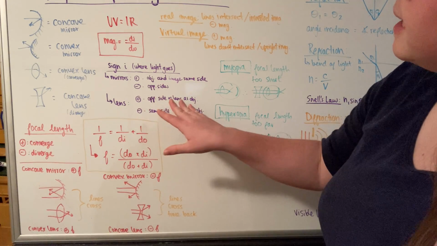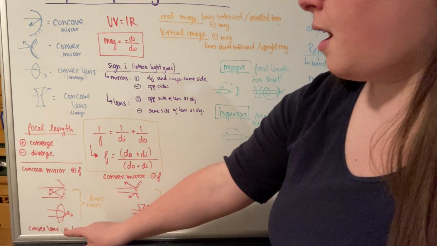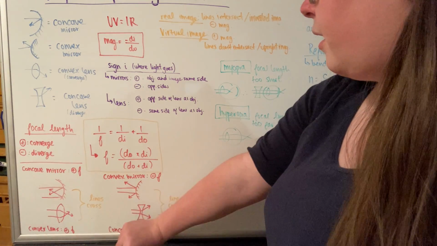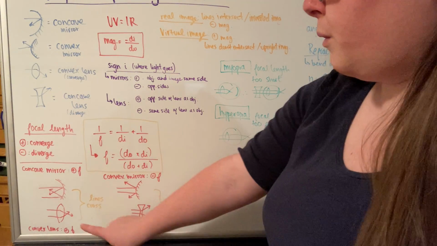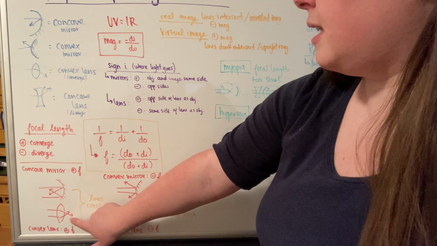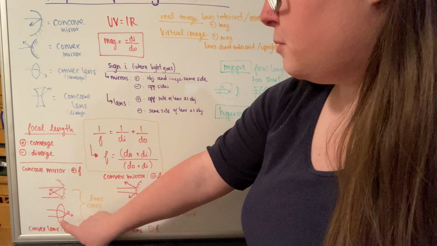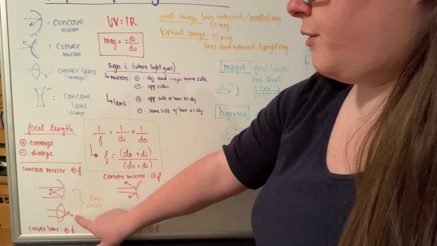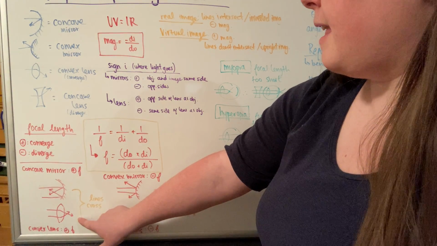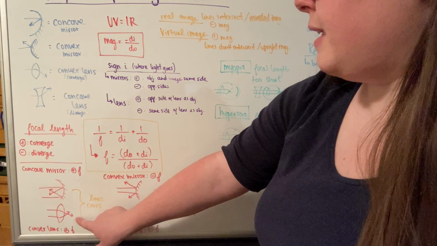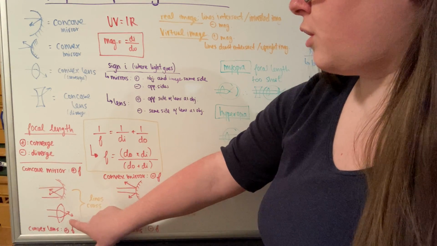So if we were looking at this convex lens right here, and we have our object on this side of the lens, like you're looking through glasses, for example, the image would also be on this side because this is where the lines are crossing, right?